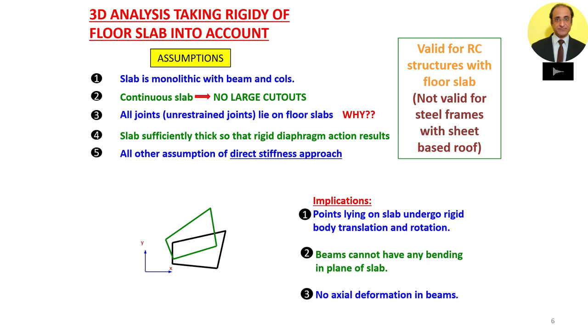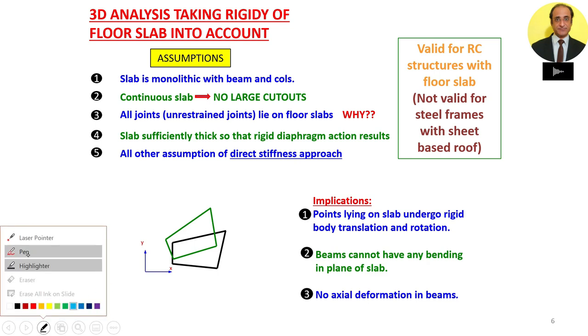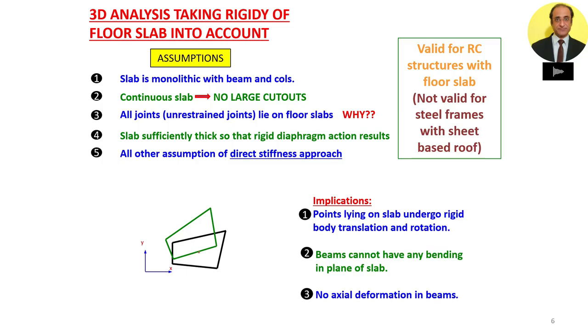So it is as though there is a reference point, and this reference point is undergoing a horizontal translation as well as a rotation in the plane of the floor slab. Or alternatively, we may consider that the entire slab system is undergoing rotation about some external point. So in both ways we can consider the modeling.